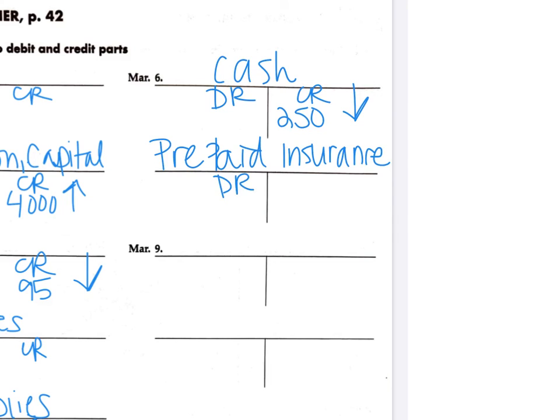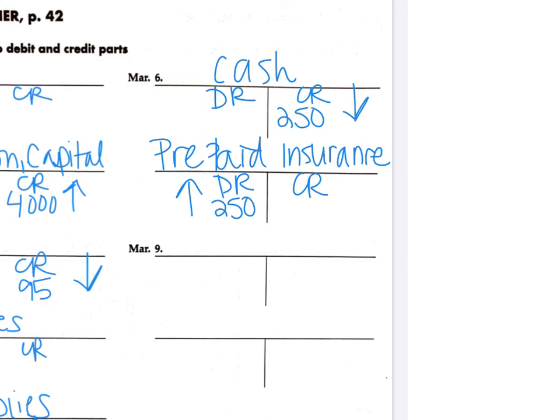So my insurance would increase for $250. And we can check that we've got one debit and one credit. So we're in balance and we're good to go.